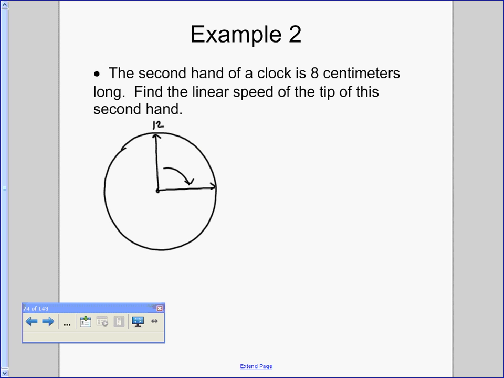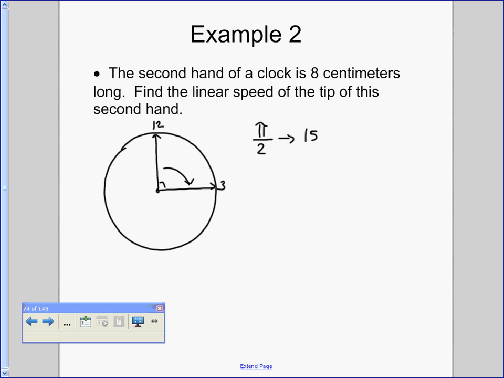What we need to figure out is how long that's going to take. If you think about this angle going from 3 to 12, whichever direction it may be going, that is going to be pi over 2 radians. If the second hand moves all the way around the clock once, that's 60 seconds. So a fourth of the way around, like we have here, is going to take us 15 seconds.